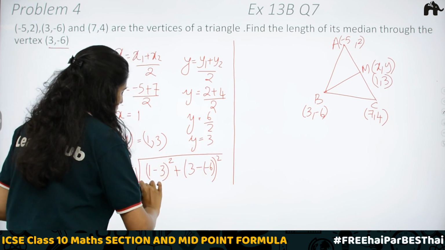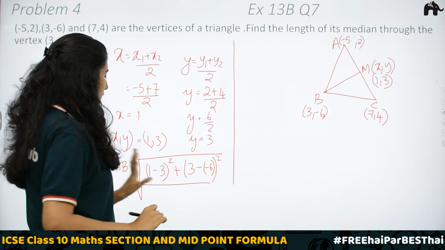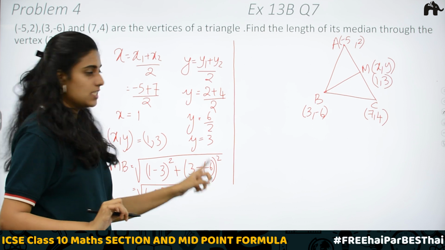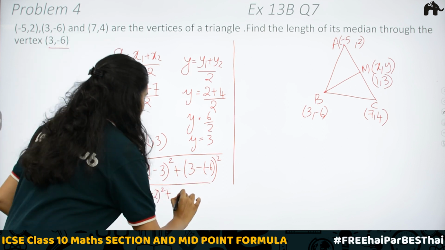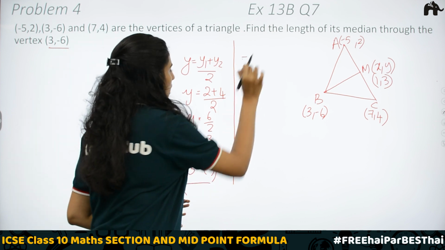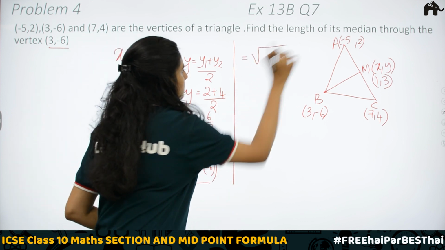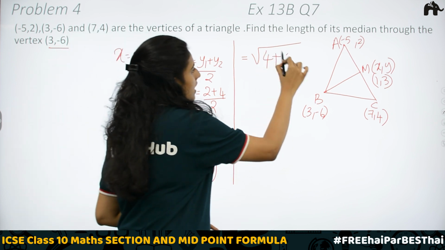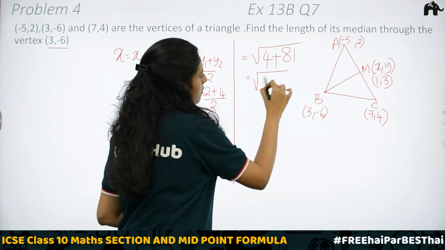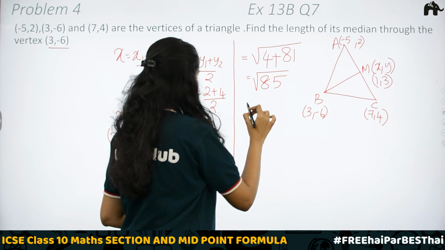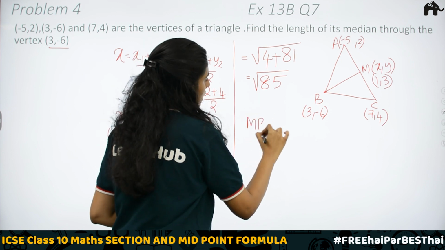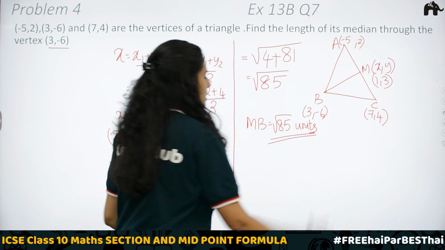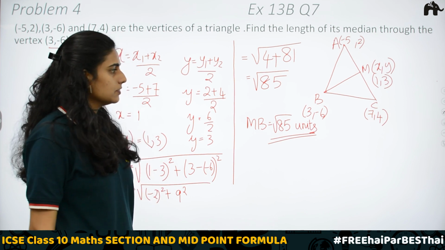That is root of (1 minus 3 is -2) (-2) square plus (3 minus of -6, 3 plus 6 which is 9) 9 square. Root of 4 plus 81, that is root of 85. Therefore, the median MB is equal to root 85 units. Clear? This is okay?